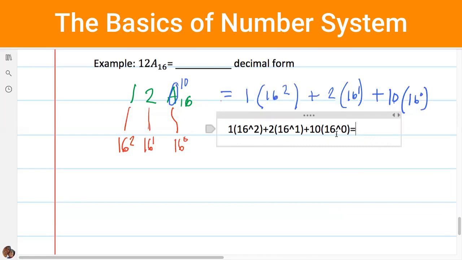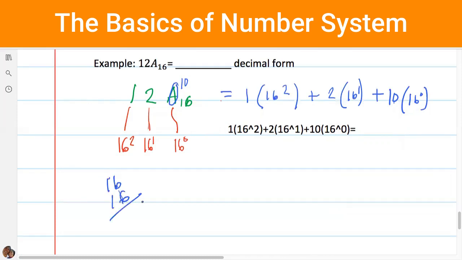Let's try. 16 squared is 16 times 16, right? Let's do this manually. So this is actually 256. So this is 256 plus 2 times 16 is 32, plus 10 times 1 is 10.